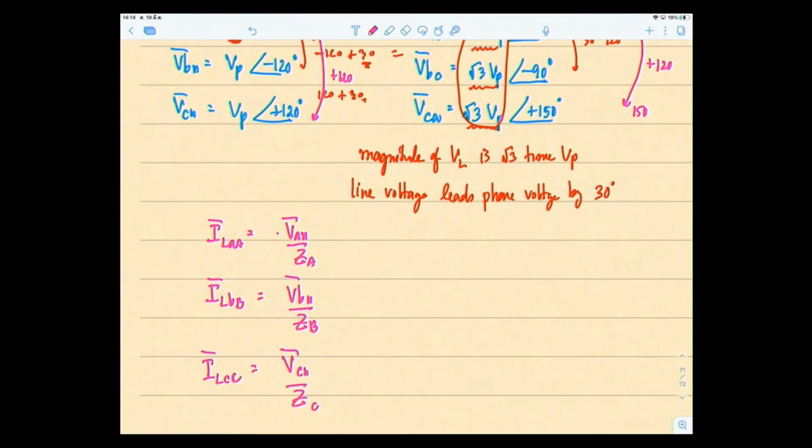You find out that the magnitudes are the same, but the angles are 120 degrees apart.